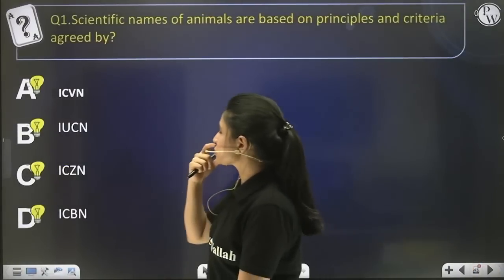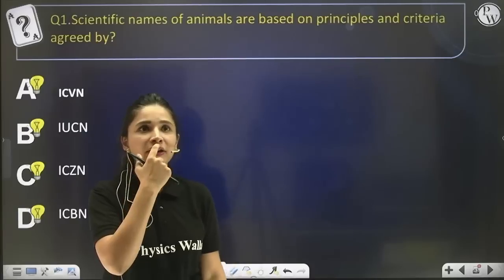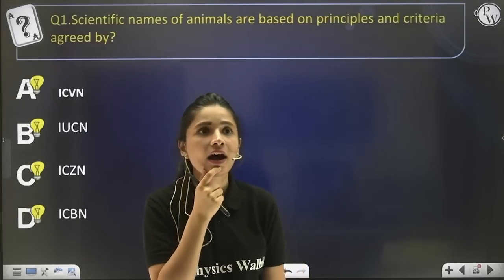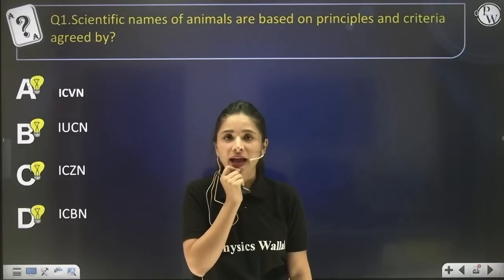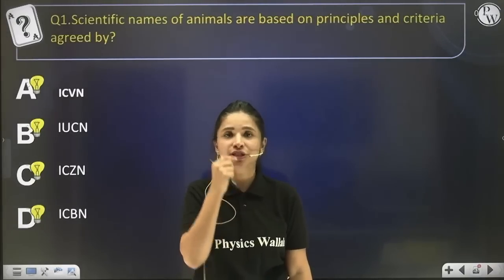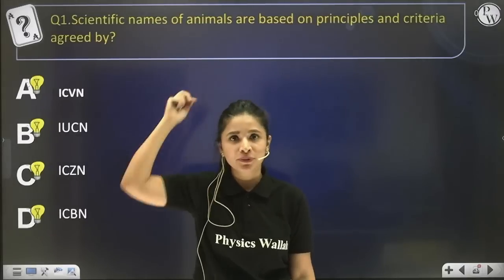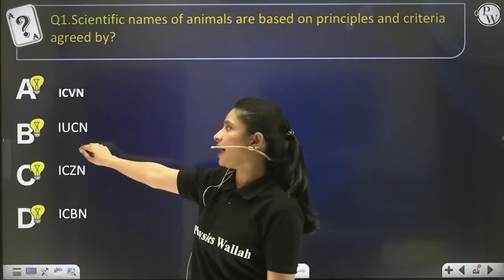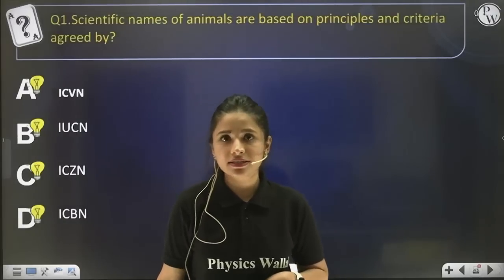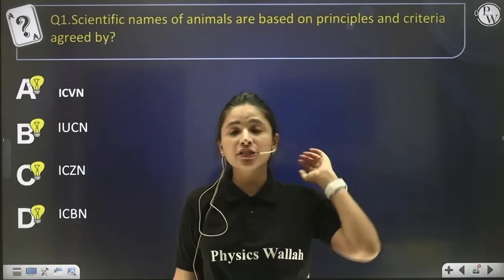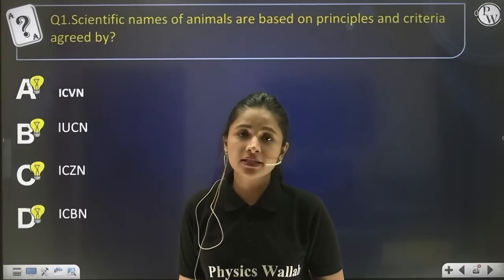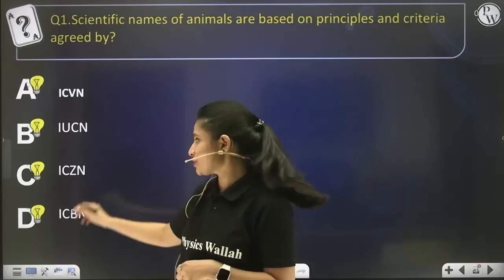First question on the screen: scientific names of animals are based on the principles and criteria agreed by. So for the nomenclature of animals, which organization is responsible? Your options are ICVN, IUCN, ICZN or ICBN. ICVN is the International Code for the Nomenclature of Viruses. IUCN is the International Union for the Conservation of Nature and Natural Resources.